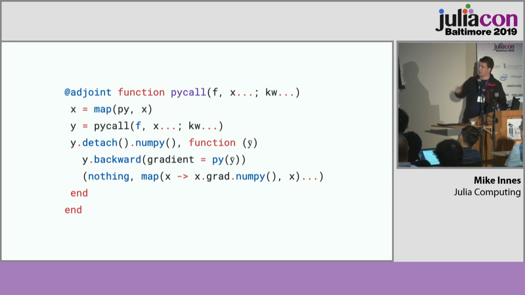But beyond that, we're just using the PyTorch API. If you've ever used PyTorch before, you'll recognize this code because it's the same. So we do the pycall and we get y. y is a PyTorch tensor. Detach that and convert it back to NumPy to bring it back to Julia and show it to the user. But then in the backwards pass, we actually keep y and we propagate that gradient backwards, again just using the PyTorch API.